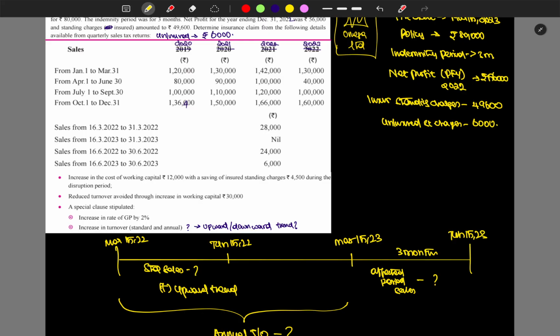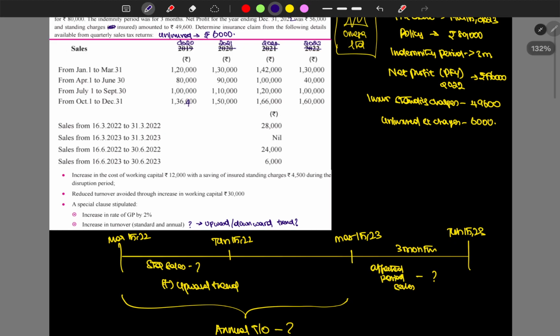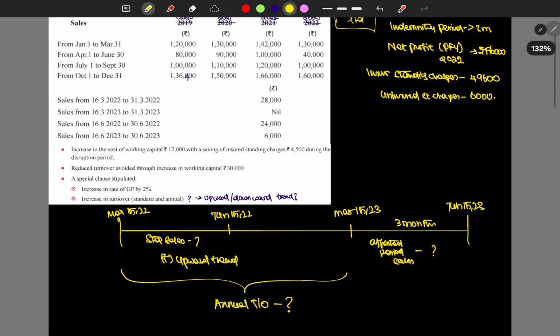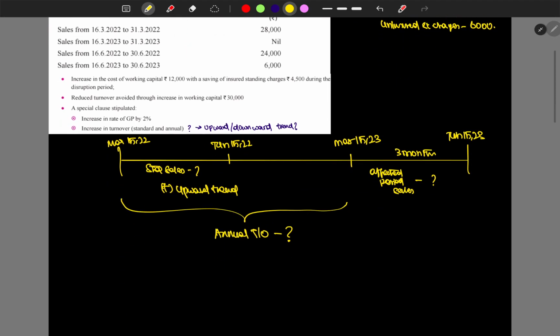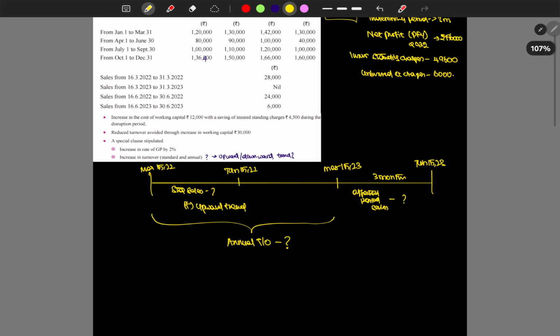Now, there is some unrequired information, okay, no, it is required information only. So that's it. We have created the timeline.